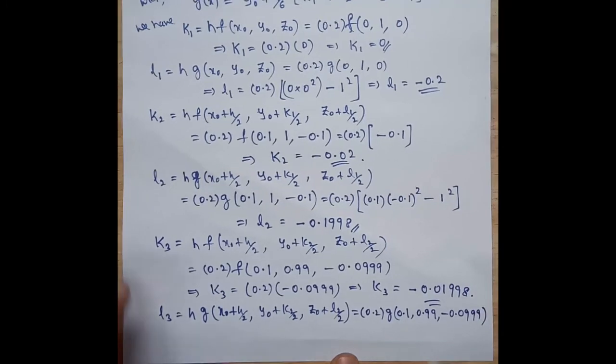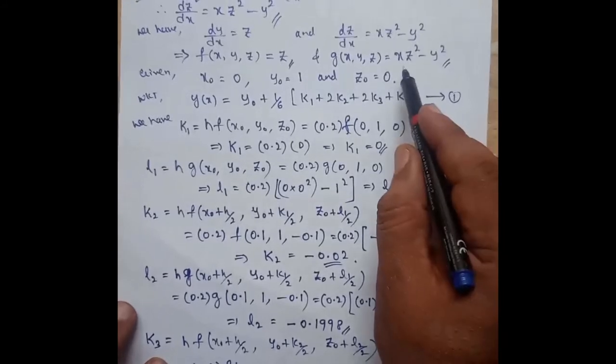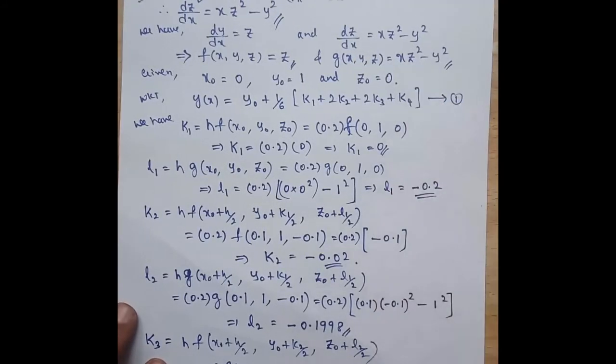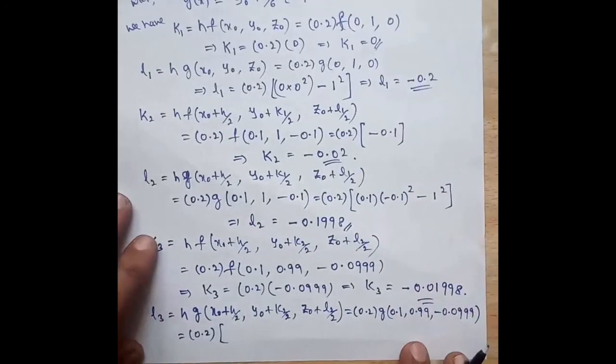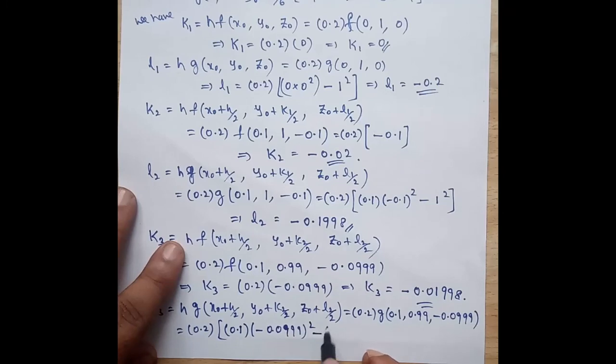Now g is x z square minus y square, so x is 0.1, y is 0.99 and z is minus 0.0999. Substituting, we get 0.1 into minus 0.0999 whole square minus 0.99 whole square.